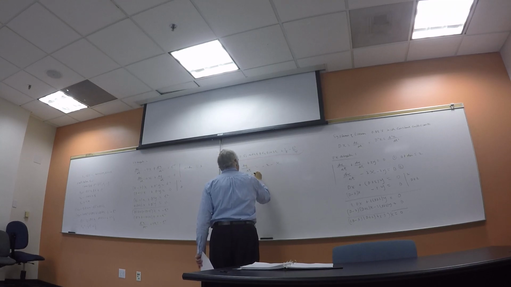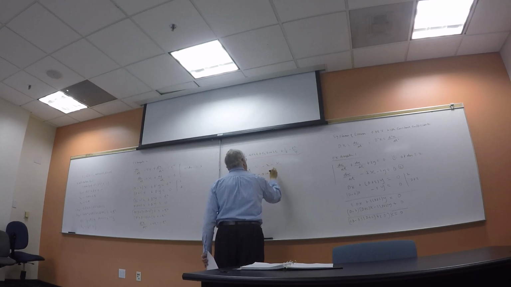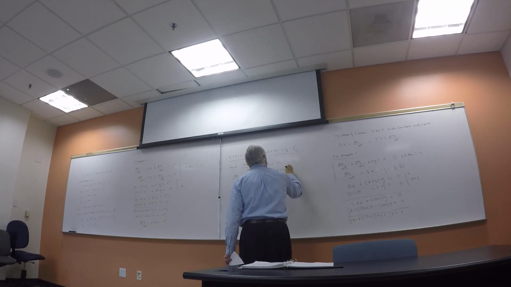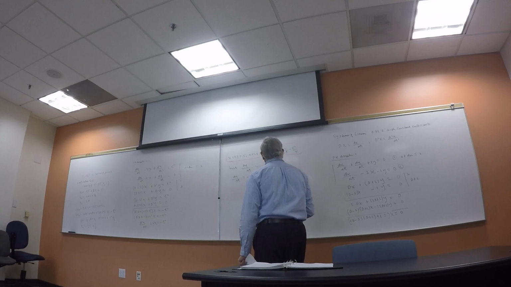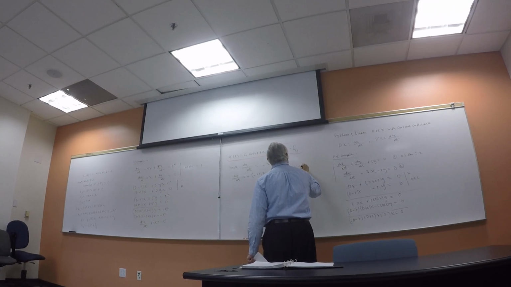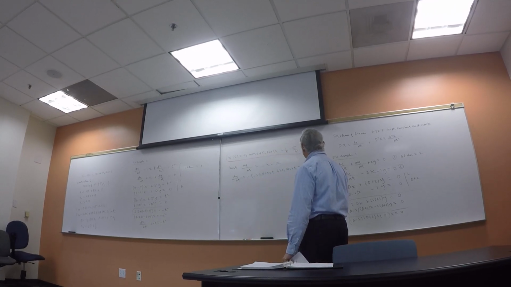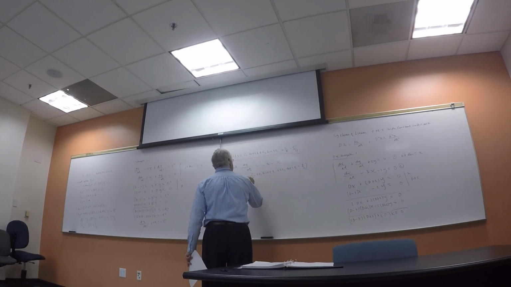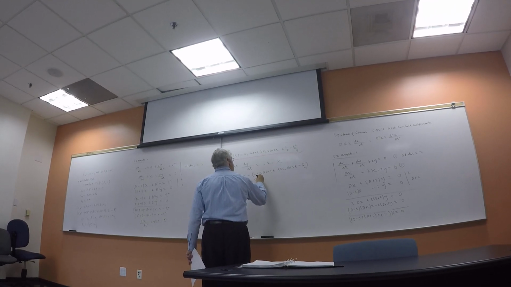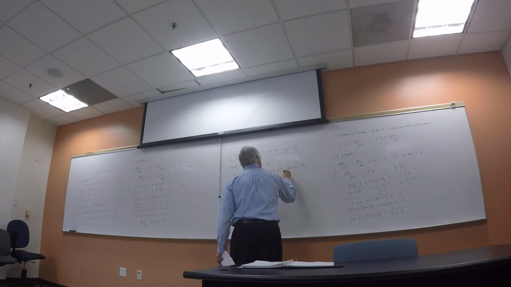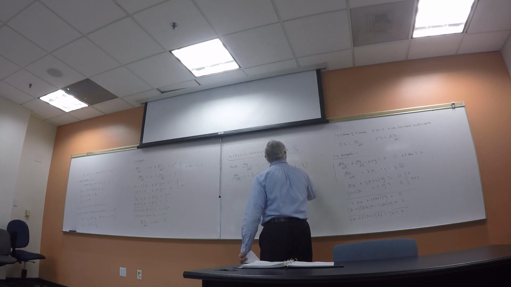I guess I get a negative 2c1 sine 2t plus 2c2 cosine of 2t. And then I guess minus t over 2. Right? That gives me dx dt. And then we need minus x. So we get minus c1 cosine 2t minus c sub 2 sine of 2t minus 1/8 plus t squared over 4.